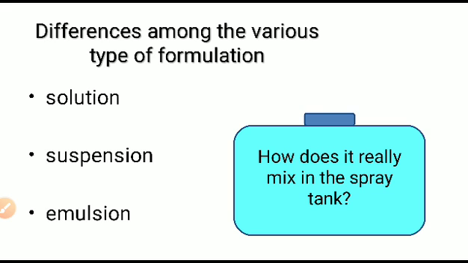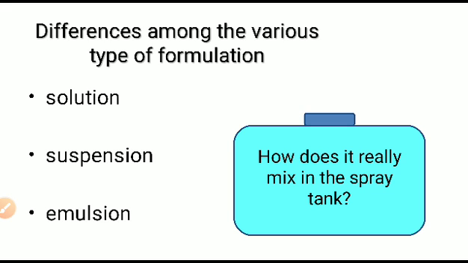Okay. Next, we are going to learn the difference among the various types of formulation. Here, formulations are divided into three types: solution, suspension, and emulsion. That means here we are going to learn how it really mixes in the spray tank.